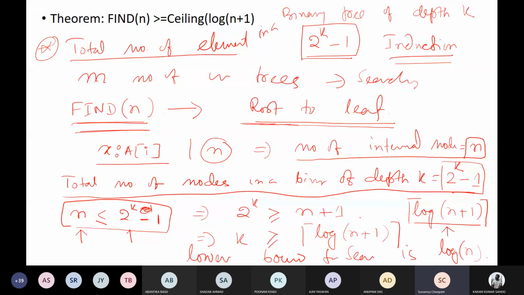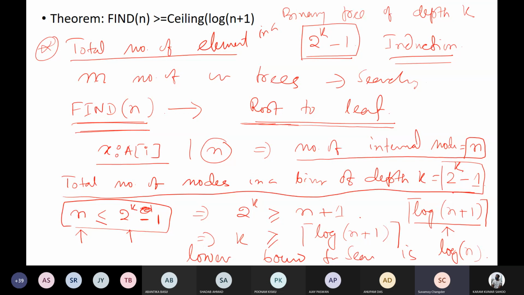I think this is clear, why the lower bound for any searching algorithm is order of log of n. So you will not find any searching algorithm where the time complexity is less than log of n.